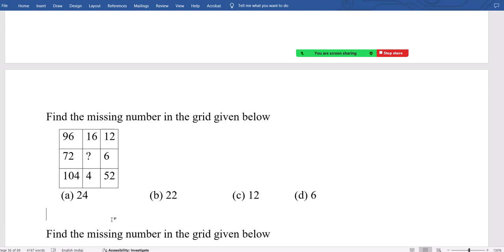I think this one can be cracked by you people. 24. Okay, good.